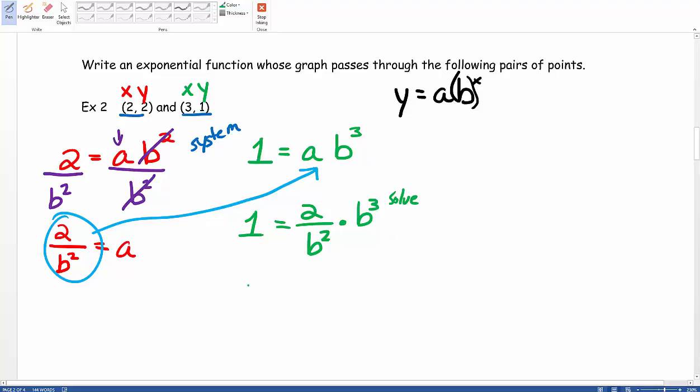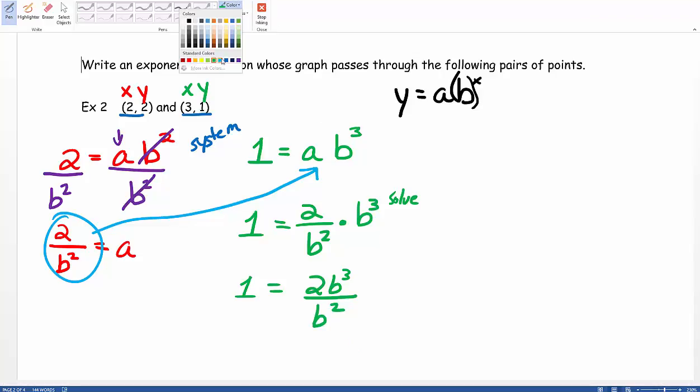So just kind of cleaning up the right side, we end up with 2 times b cubed over b squared on the bottom. And using some properties with exponents, we know that our values will end up canceling out. If there's 2 on the bottom and 3 on top, we're going to be left then with just 1 left on top.